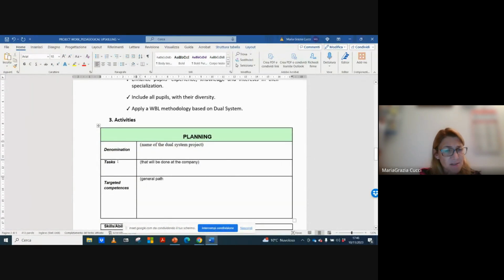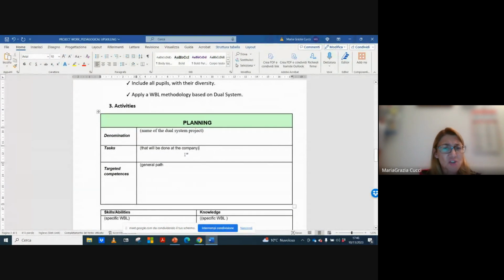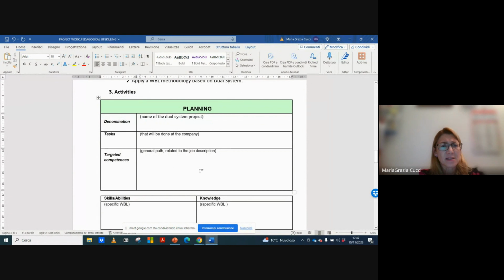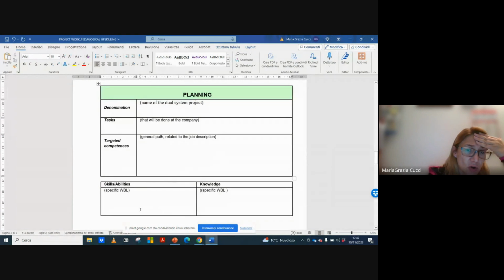Starting from these tasks, you have the general competencies. These general competencies are the targeted competencies. They are related to the job description. Then, starting from these general competencies, you go to specific skills and specific knowledge inside the general competencies.